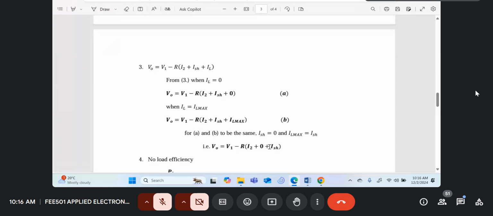And this should actually be IL max. There's a printing mistake over here. It should be IL max.